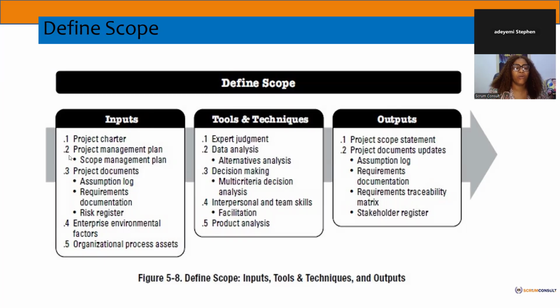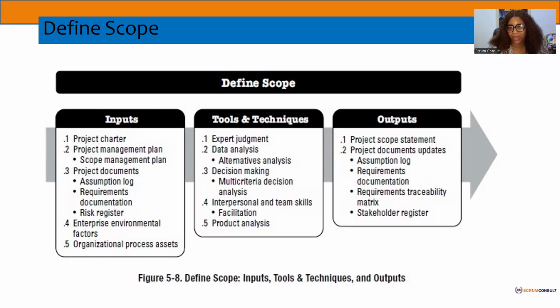So you have your risk register, like she said. For every requirement that you're bringing in, you want to understand what are the possible risks that could be associated with those requirements.